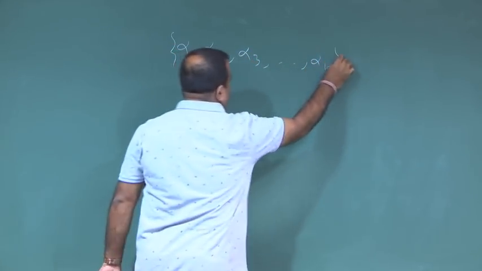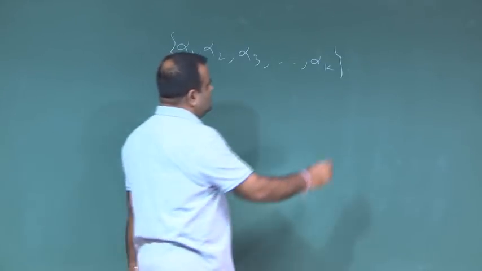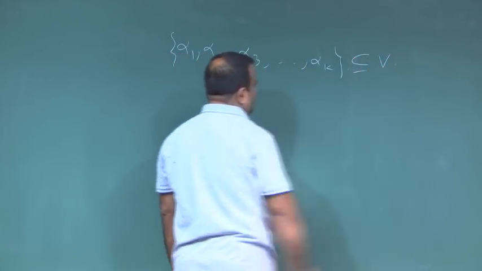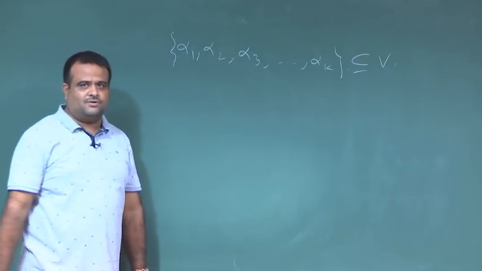Suppose we have k vectors, and these are coming from V, this is a subset of V. So, all the alphas are vectors.